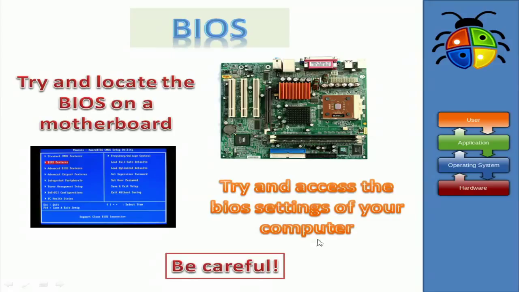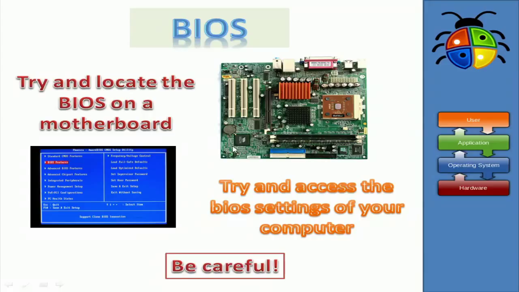The other thing you can do is you can actually access some of the BIOS settings. So when you start up your computer, you'll see there might be an option along the top usually, and it will say something like press F4 to enter setup or something like that. And by doing that, you can usually get a screen up that looks like this, and you can change some of the settings, and you can see some information about your BIOS.